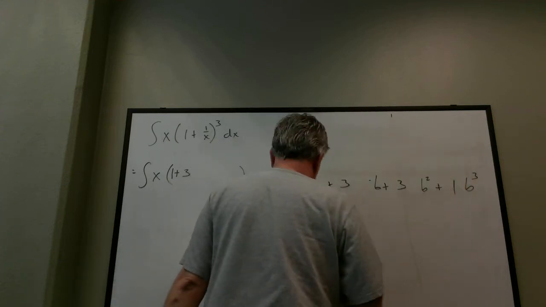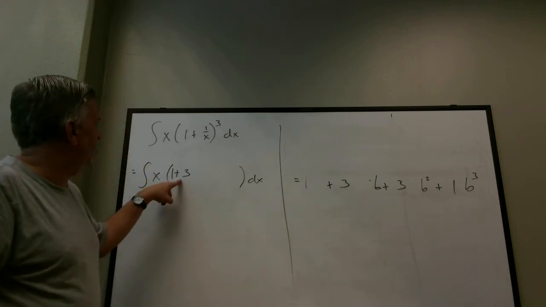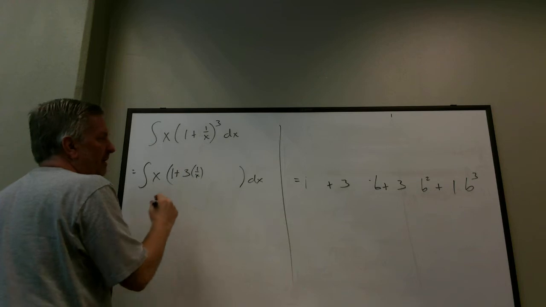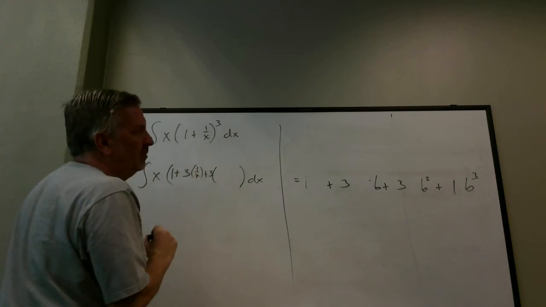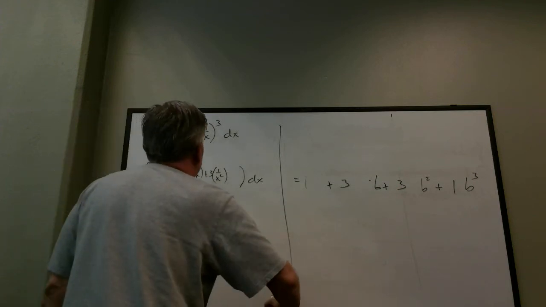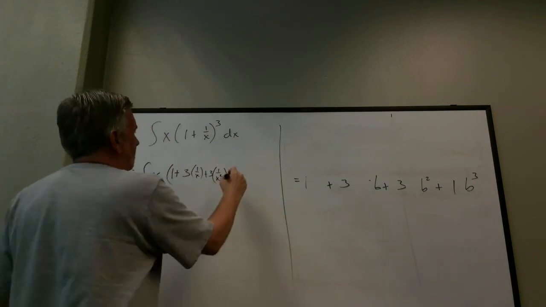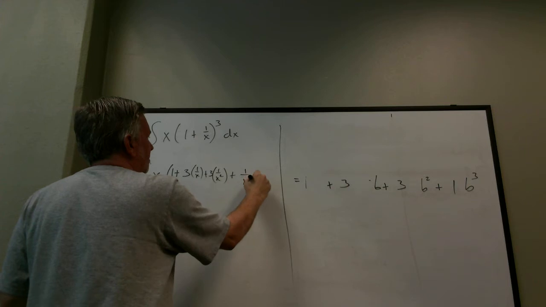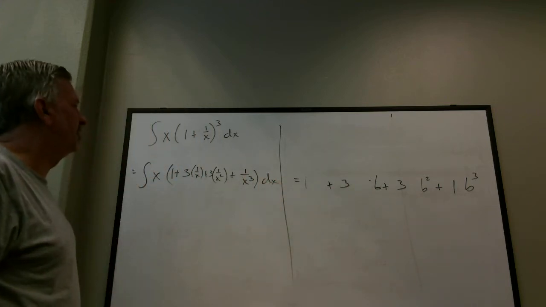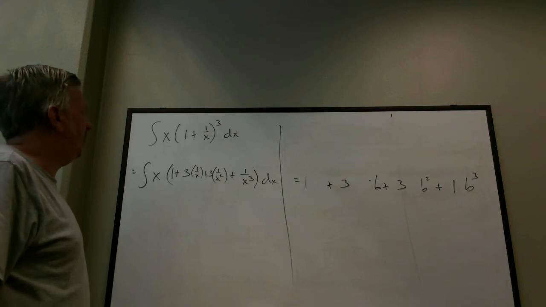A is 1, okay. So I'll have 1 plus 3 times b, which is 1 over x, plus 3 times b squared, which is 1 over x squared, and then plus b cubed, which is 1 over x cubed. Okay.